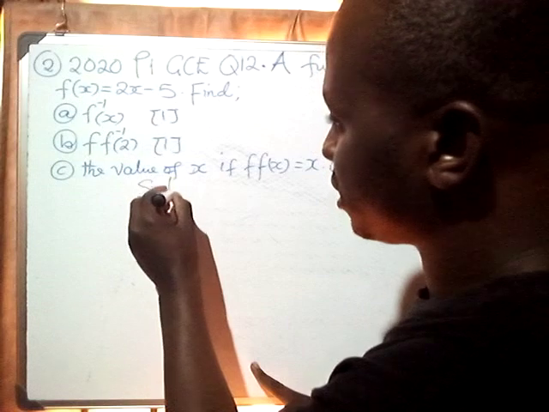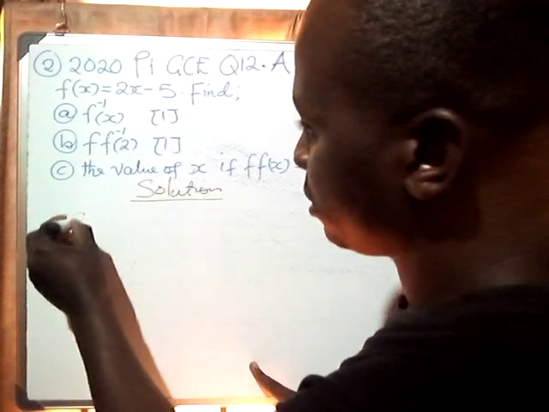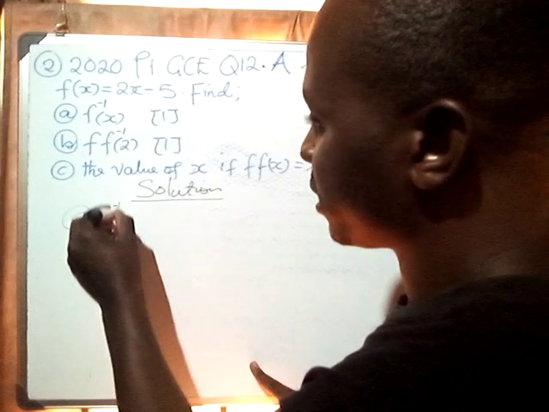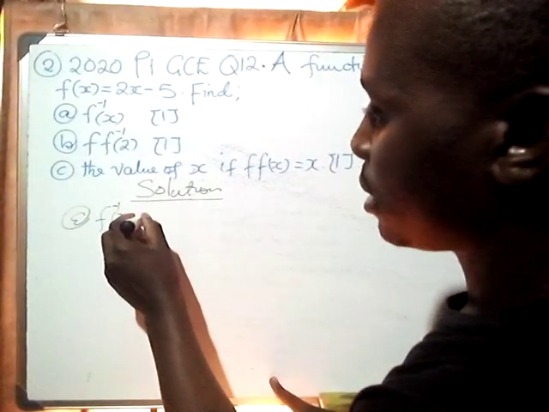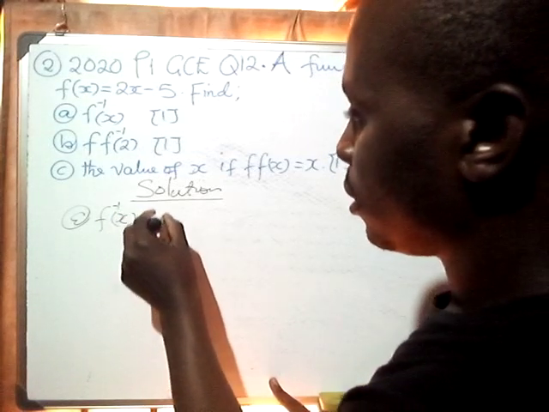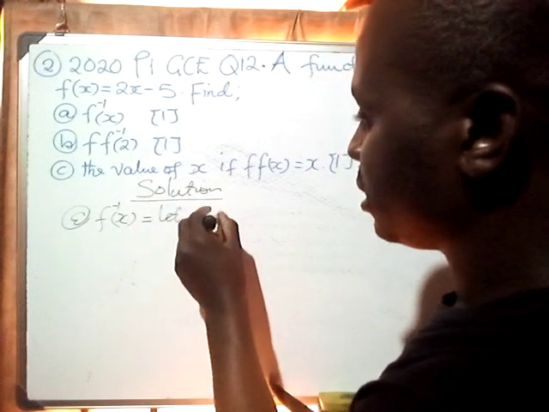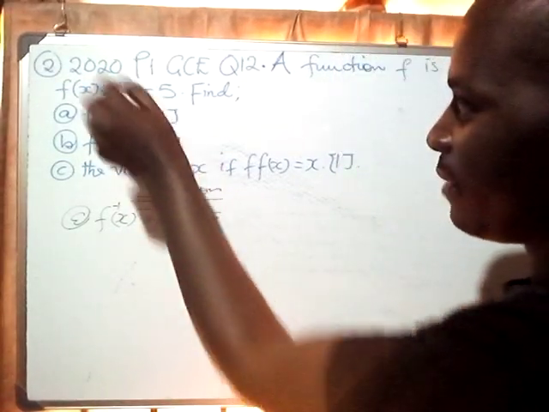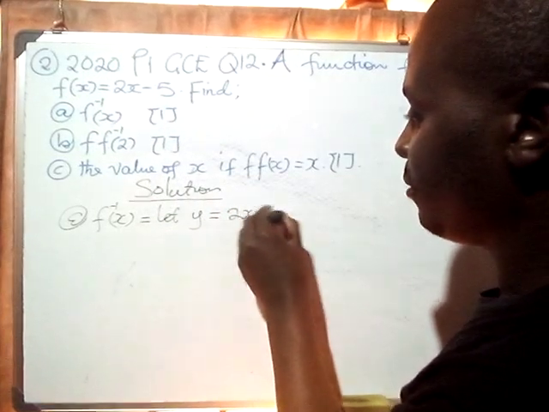So the question is, find, in part A, f inverse. So f inverse is equal to, by letting y be the function 2x minus 5.